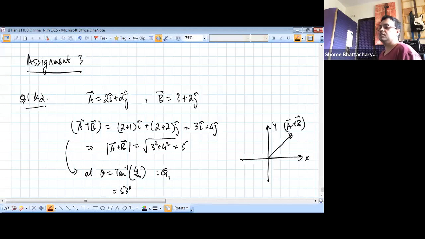It will be such that its x component is 3 and its y component is 4. So you can see that. So this is clear.